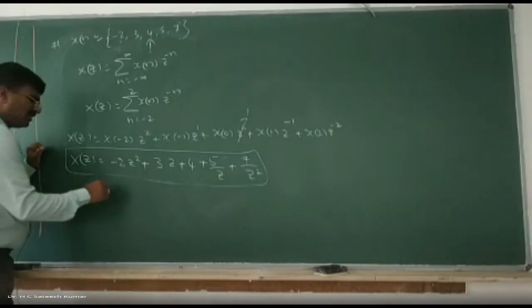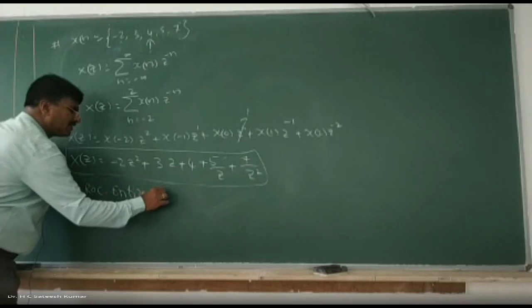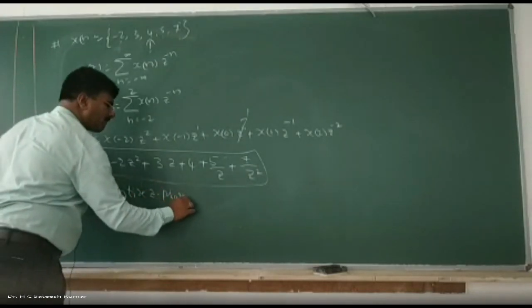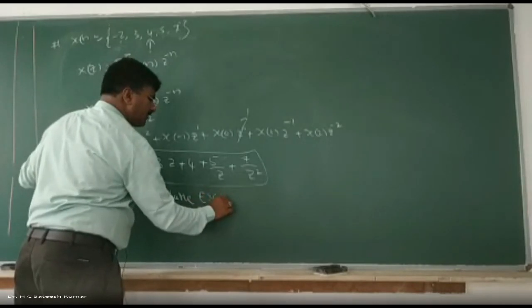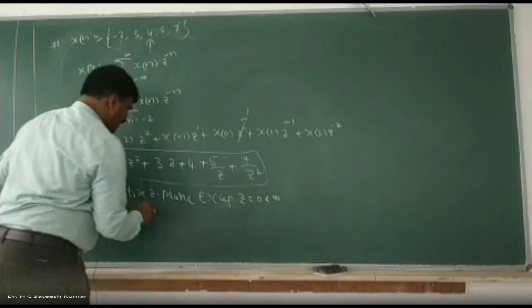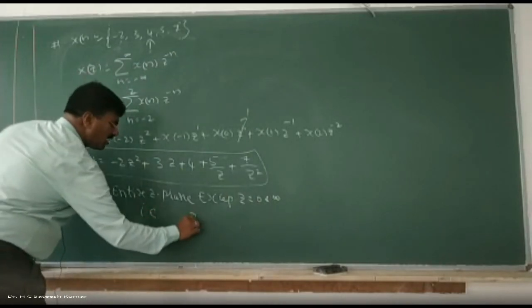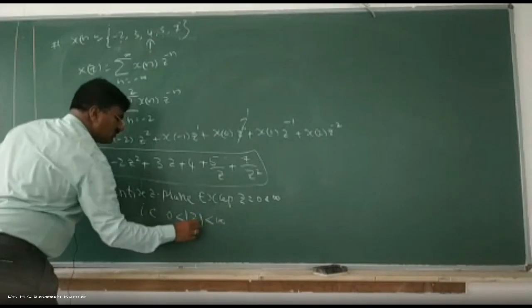That means ROC is the entire Z plane except Z is equal to 0 and infinity, that is, mod Z lies between 0 and infinity. Don't write equal to.